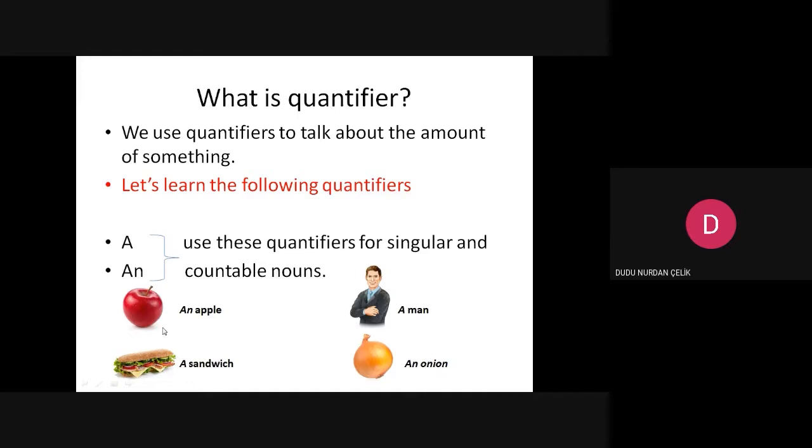We can count them like 1 apple, 2 apples, 3 men, 4 onions, 5 sandwiches. Counting means countable nouns. An apple means 1 apple. A man means 1 man. A sandwich means 1 sandwich. An onion means 1 onion. A and AN mean singular.